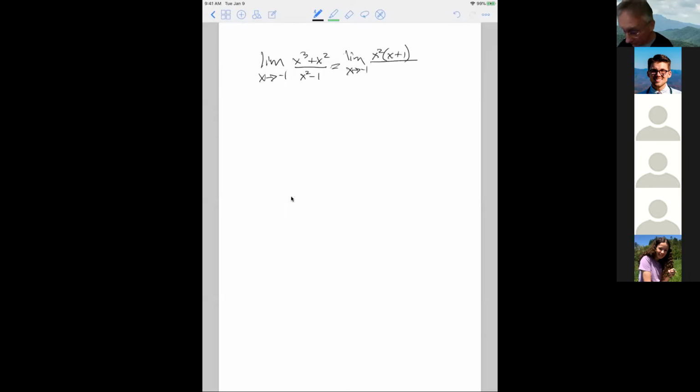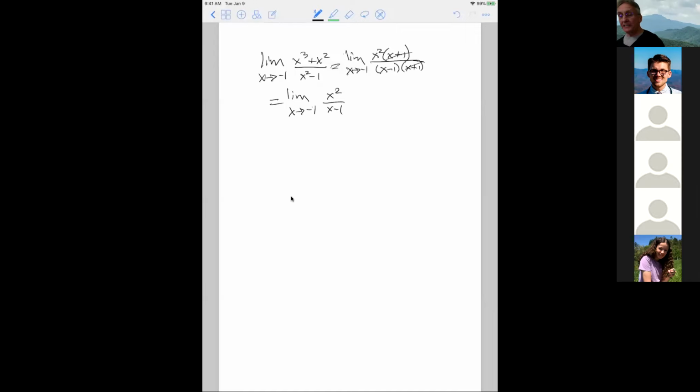Yes, it does, and therefore you're going to get some cancellation. The denominator, x squared minus 1, is the difference of two squares, which factors into x plus 1 times x minus 1. These cancel. So now this is equal to the limit as x goes to -1 of x squared over x minus 1.